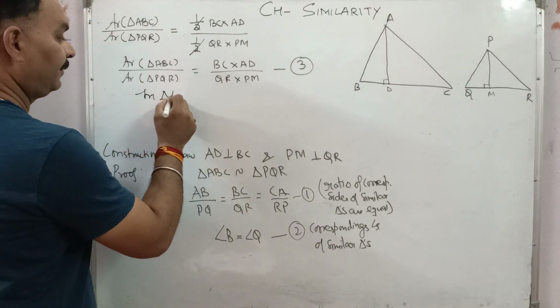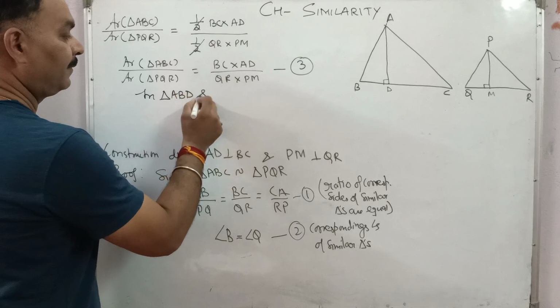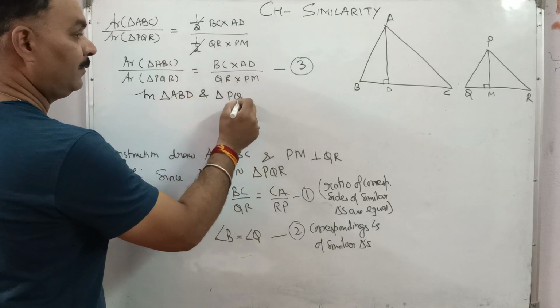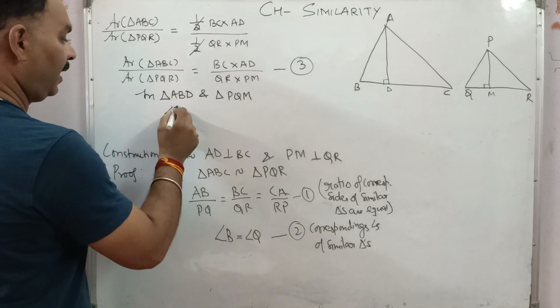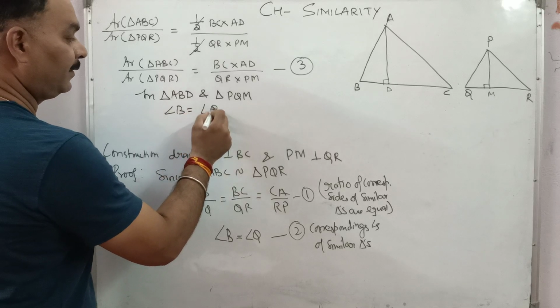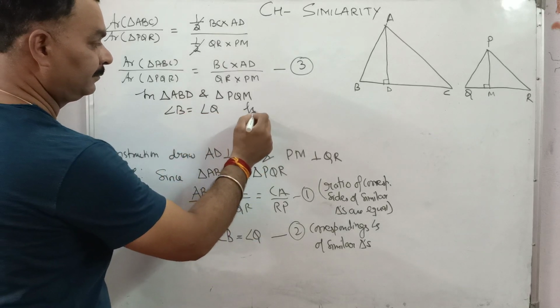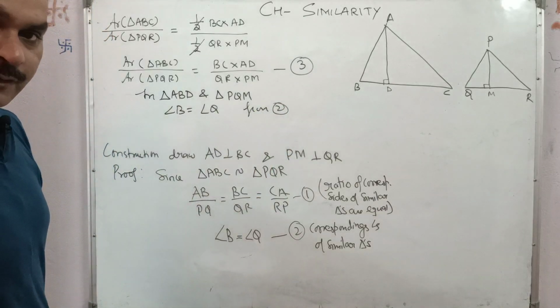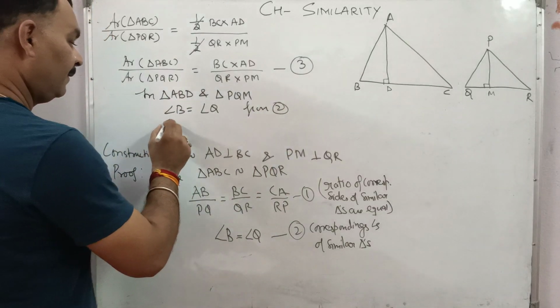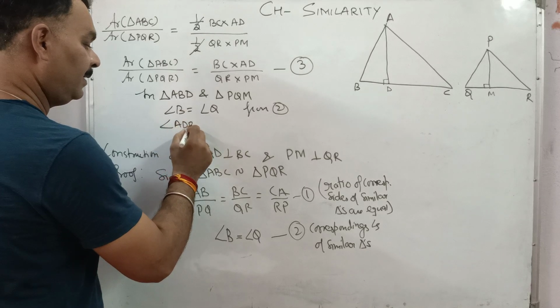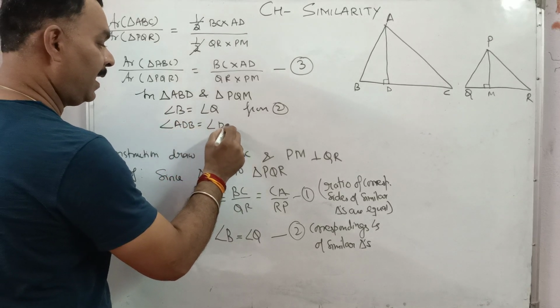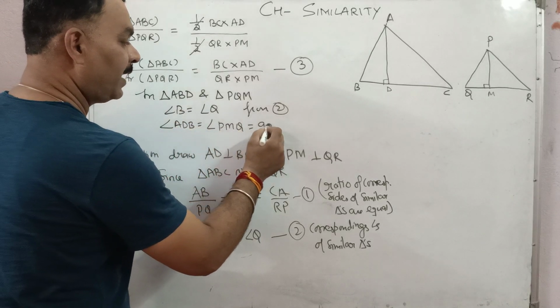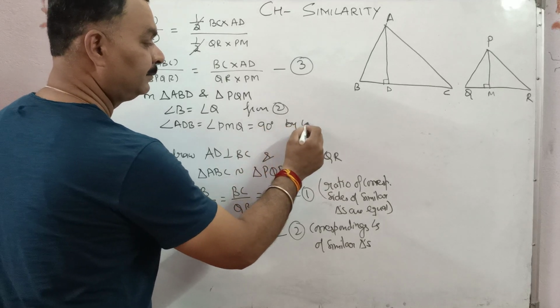In triangle ABD and triangle PQM, angle B is equal to angle Q from second, as these are the corresponding angles of the two similar triangles. Then angle ADB is equal to angle PMQ, both equal to 90 degree by construction.